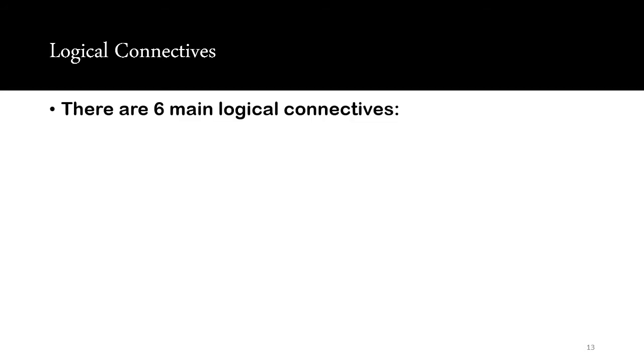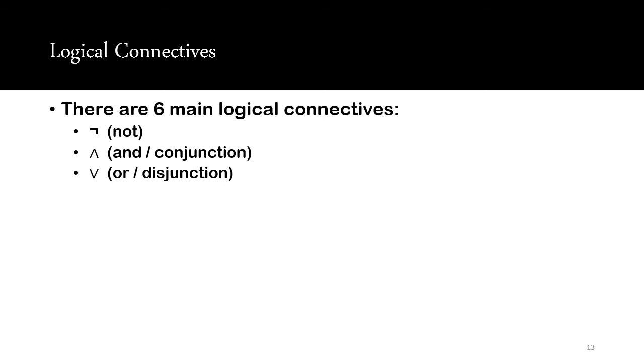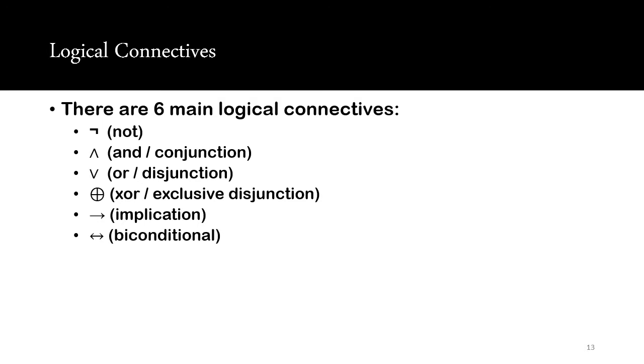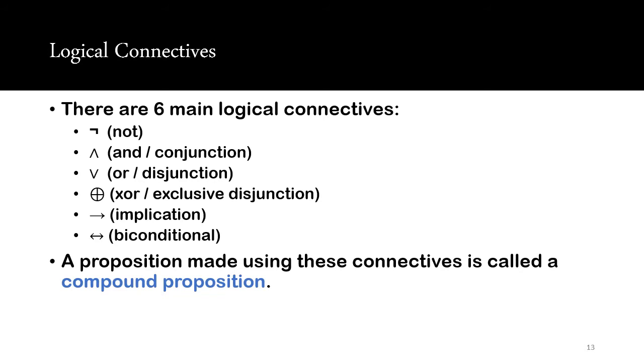There are 6 main logical connectives: not, and (also called a conjunction), or (disjunction), XOR (or exclusive disjunction), implication, and biconditional, each represented by those symbols. A proposition made using these connectives is called a compound proposition.